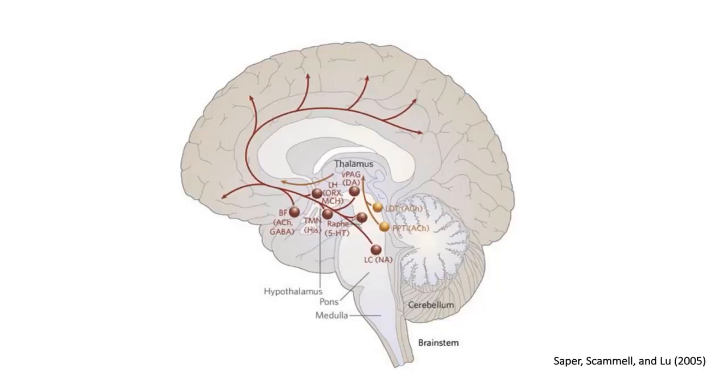There are different neural pathways that are involved in these neuromodulators, whether acetylcholine, histamine, serotonin, noradrenaline, dopamine, or orexin.